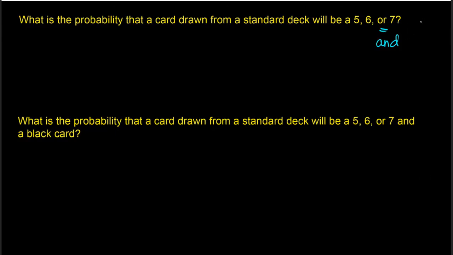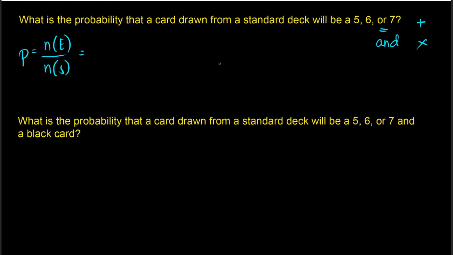You know that when you see or, you use the plus. And then, if you see and, you multiply. In this case, it's the English. So, what is the possibility of getting a 5, 6, or 7? So, if we apply it to our formula, just think of how many cards are 5, how many are 6, how many are 7.